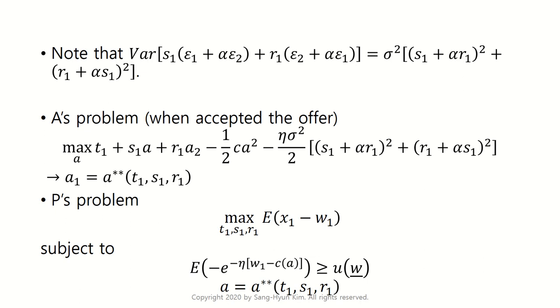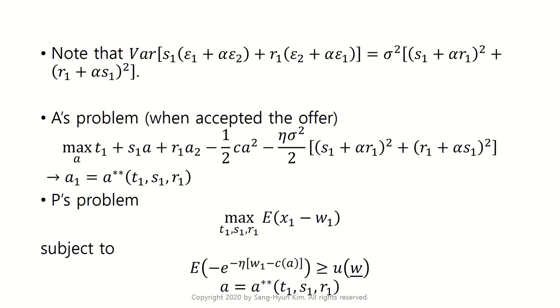And then we'll have this optimal effort, which is the same as before, right? You differentiate this objective function with respect to A, then you get S1 minus C times A, right? So the optimal effort A will be S1 over C. It's the same as before.